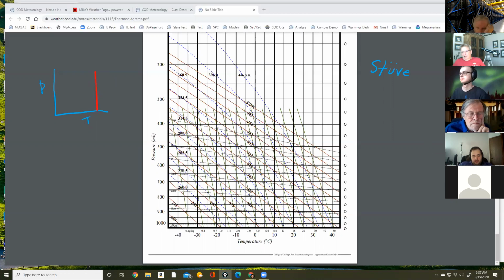But in a skew T, we are skewing it. So skew T isotherms look like this. An isotherm is this way.